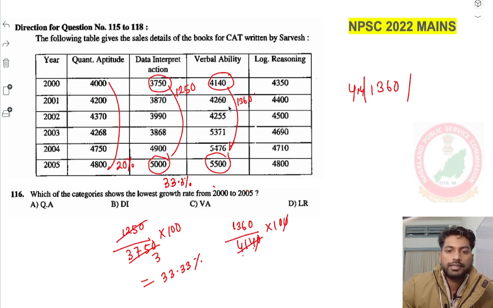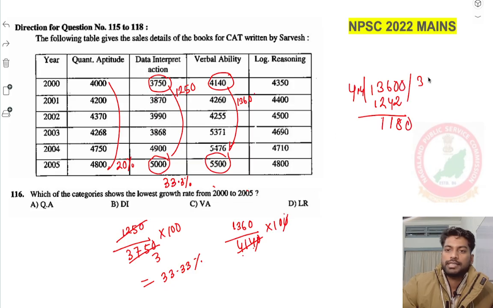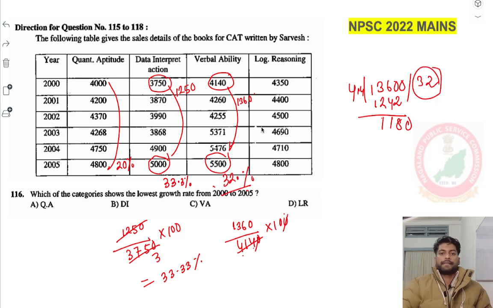Am I doing correct? 1360, 414. Yes, we are doing correct. So it's roughly around 32 point something.